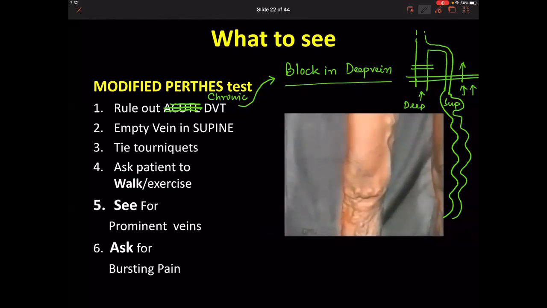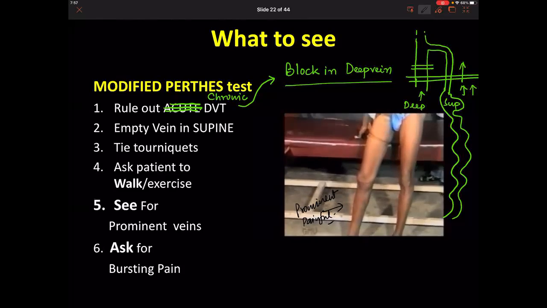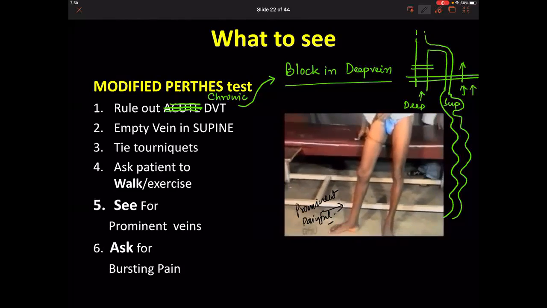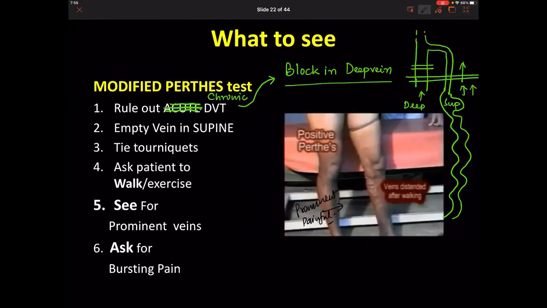Now, if the veins get more prominent and painful, what is your conclusion? Block in the deep vein. Even if the patient has done walking, remember this. This is called a positive Perthes.